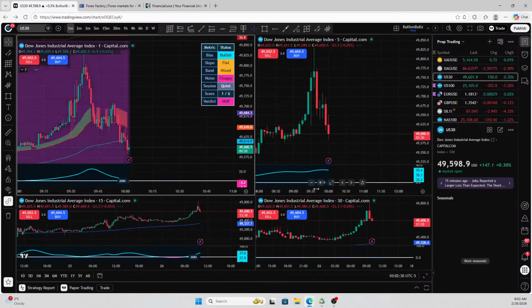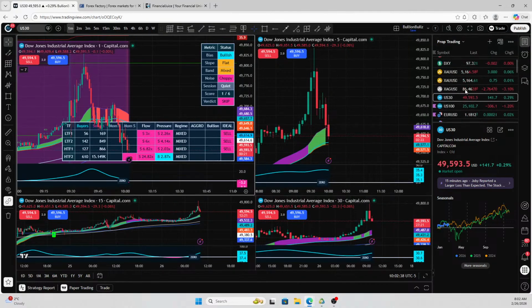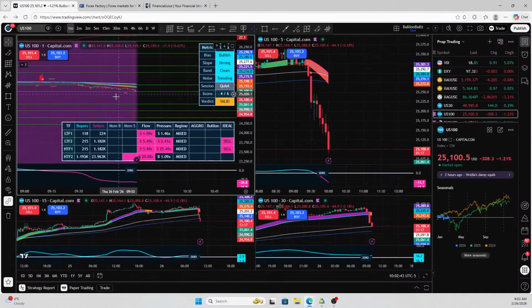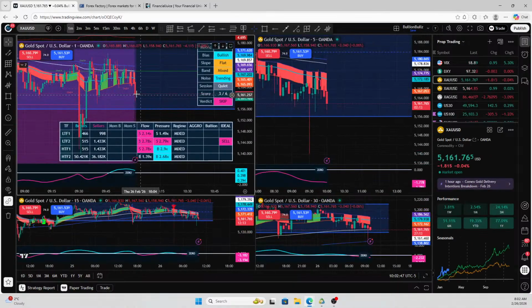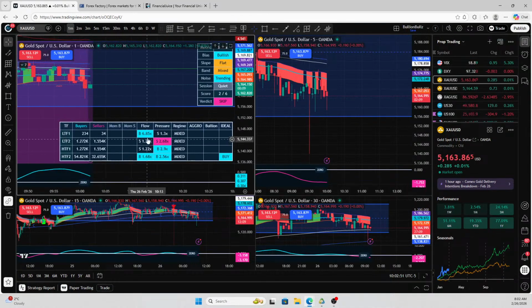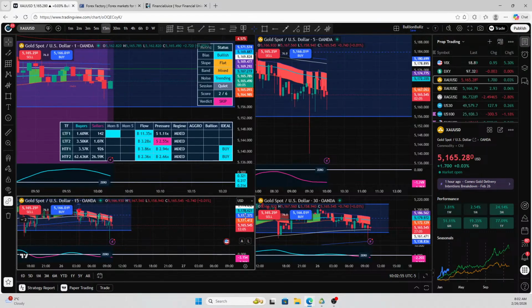Again, US30 is bullish, so overall price is bullish. So only Nas is having good volume here today. Gold is choppy. Gold is starting to pick up now. Let's see.